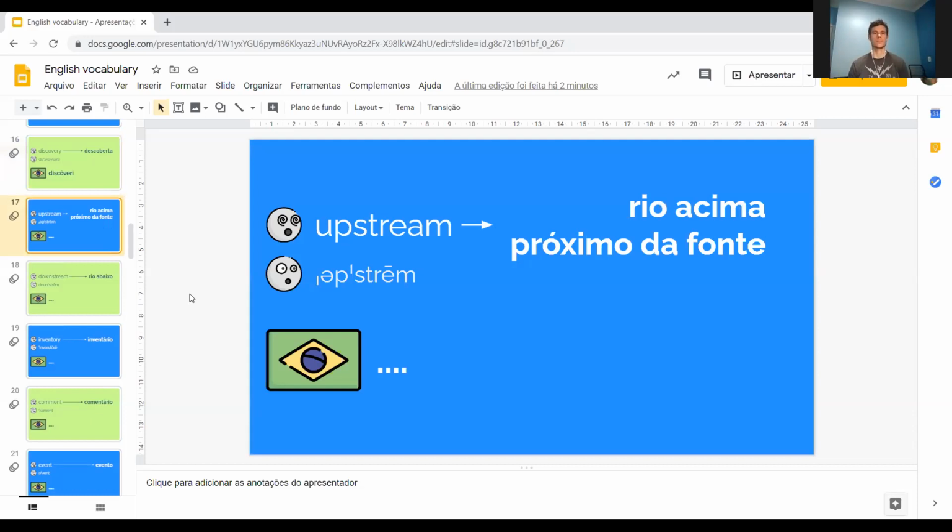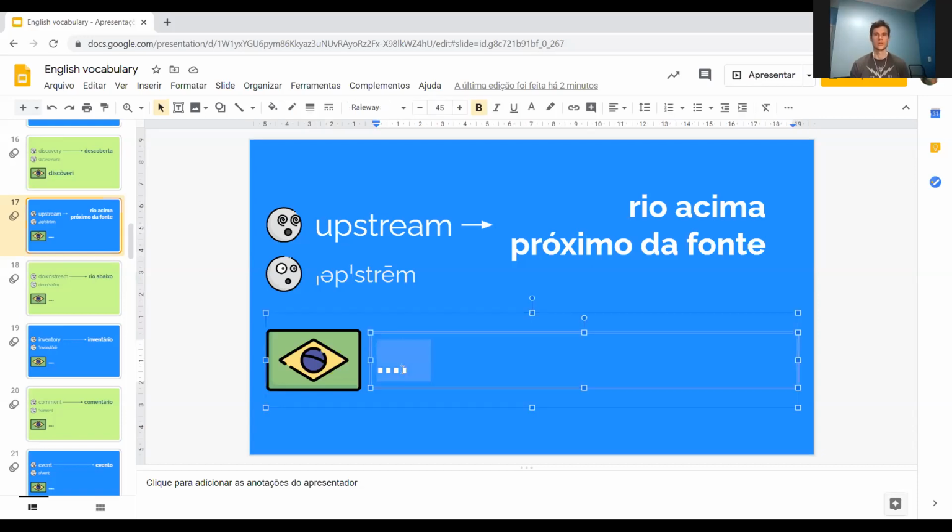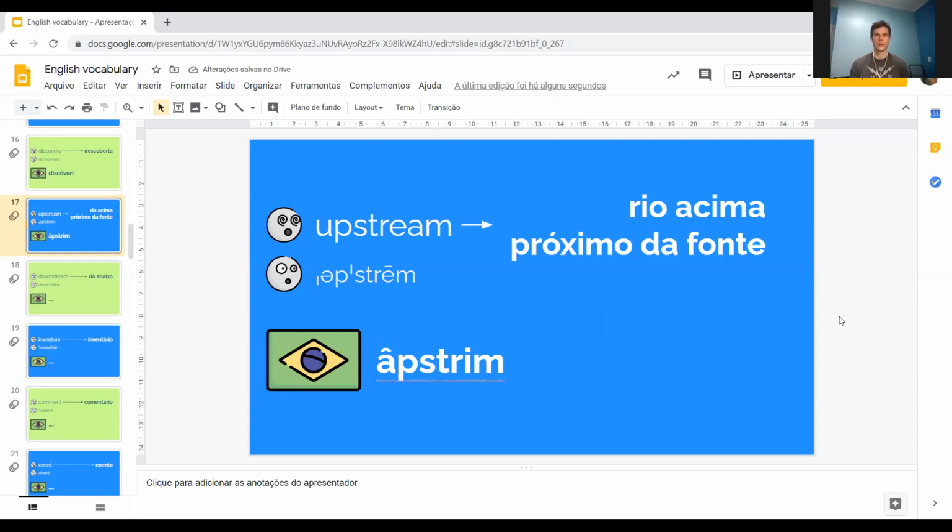So the next one is upstream. Upstream. Now, I would say both syllables with equal emphasis. Upstream. Okay. So this is a tough one for me to give you an example, because it is like the discovery is a term we use as a step in our process.